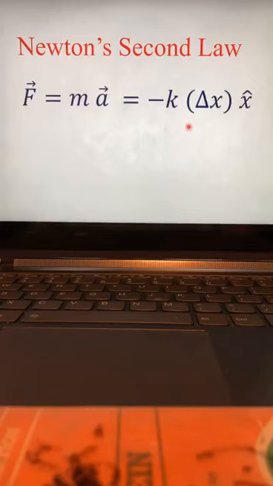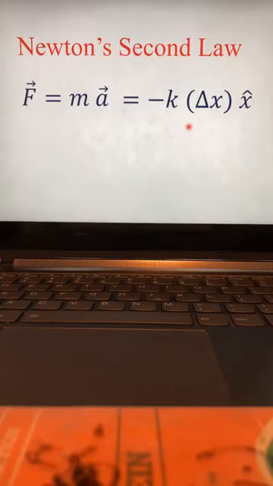Depending upon the value of k, if k is large, a large amount of force is required to stretch the spring, and such springs are stiff springs, whereas if k is small, those are flexible springs.